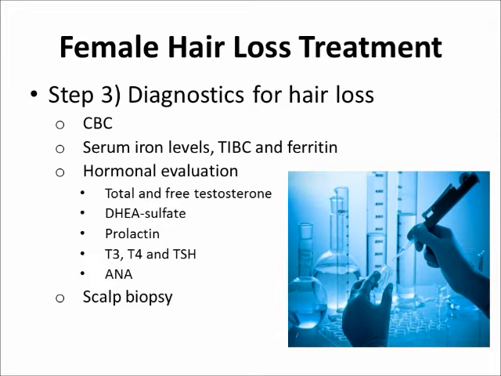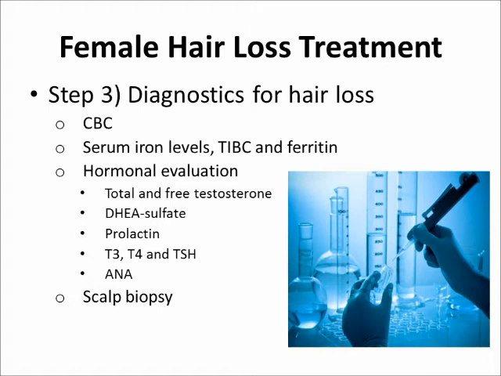Those are important for people who have other systemic diseases that may have hair loss as one of their presentations. Eventually, some people may need a scalp biopsy to see their skin under the microscope and come up with a more precise diagnosis.